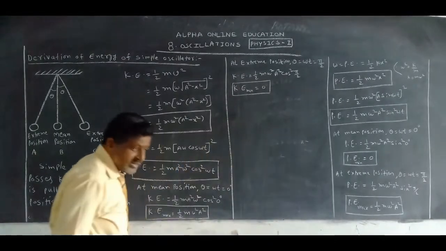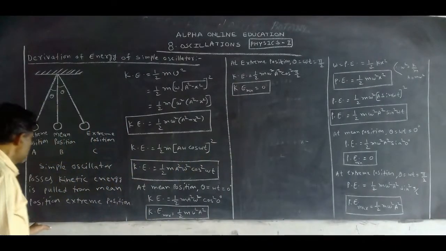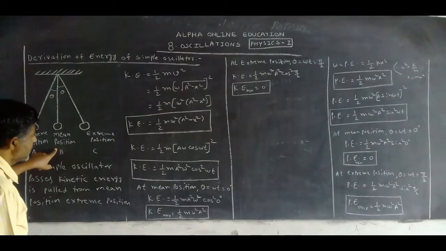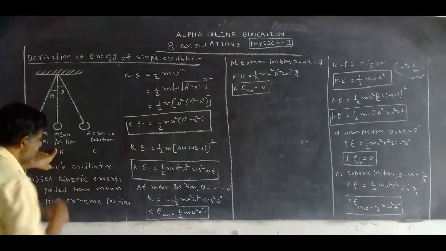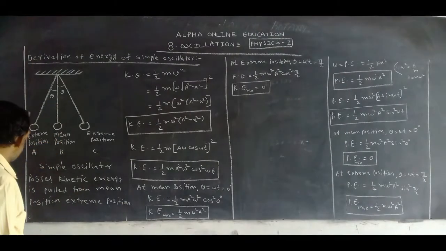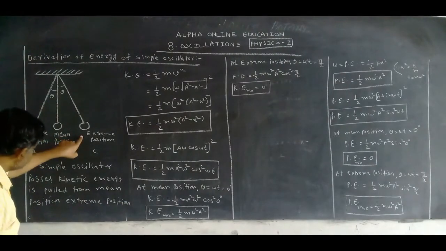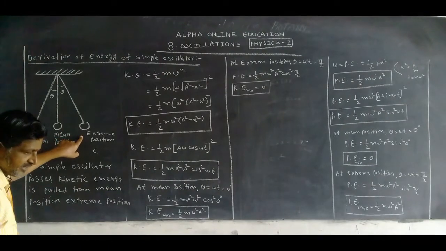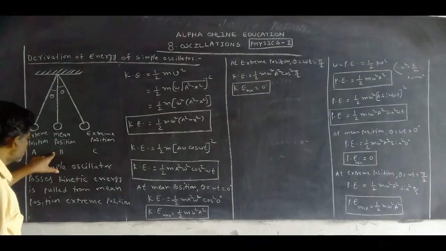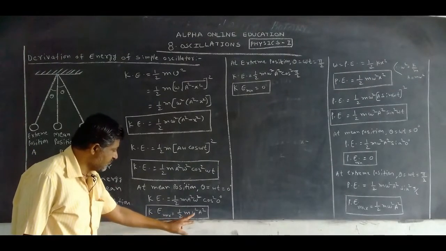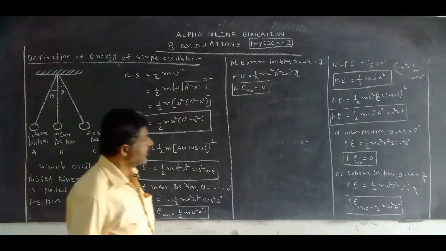Means in case of a simple oscillator at mean position, kinetic energy is maximum. At extreme position, kinetic energy is 0. At this extreme position also kinetic energy is 0. But at mean position, what is the kinetic energy? Maximum. How much? Half m omega square a square.